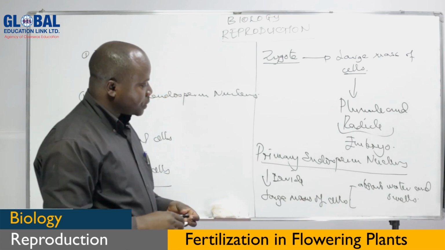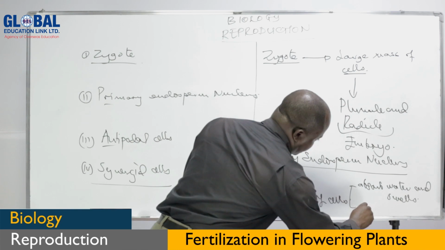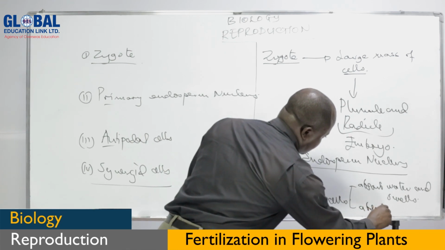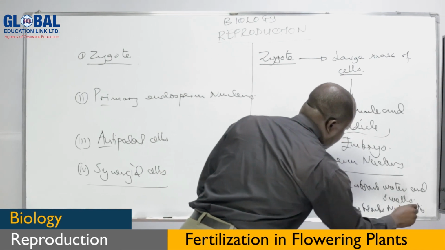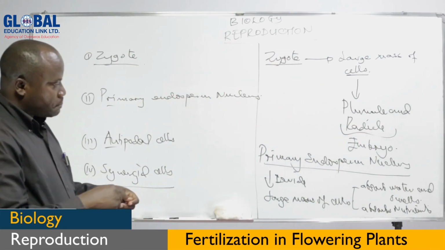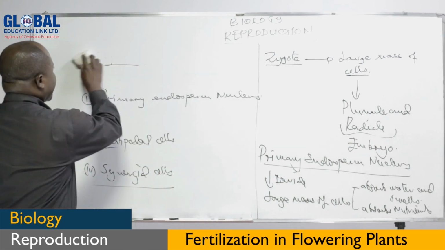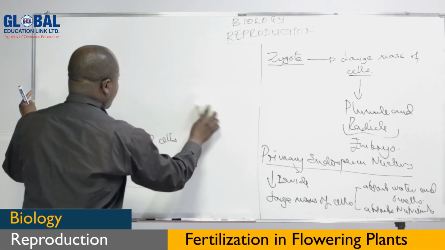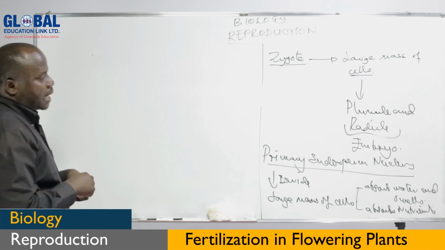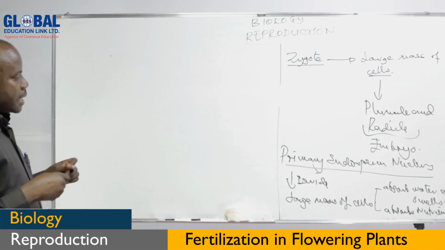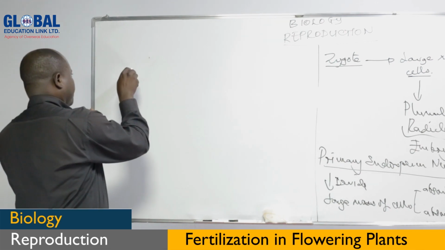But also they will absorb nutrients from the parent body. The result of this process is the transformation of the primary endosperm to endosperm. It means at the end of this process, the endosperm will be produced from the primary endosperm.